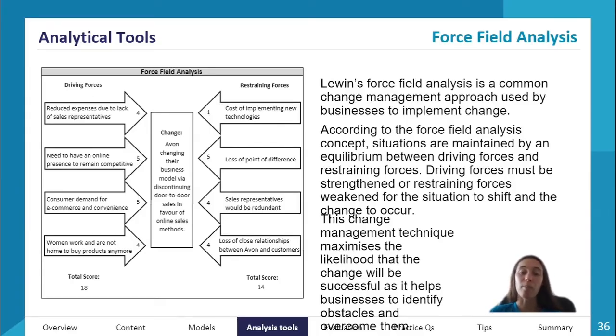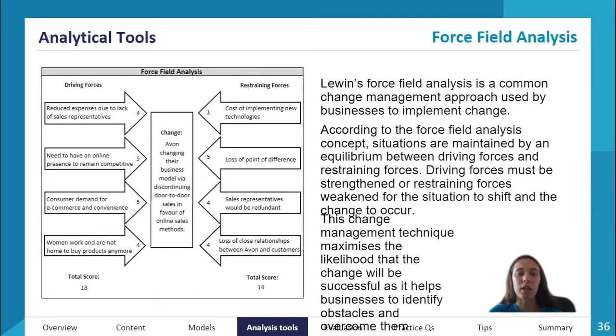It means that you've got both driving and restraining forces on either side. Driving forces have to be strengthened or restraining forces have to be weakened for the situation to shift and the change to occur. And this change management technique is going to maximize the likelihood that the change will be successful because it helps businesses to identify any obstacles that are in the way and overcome them.